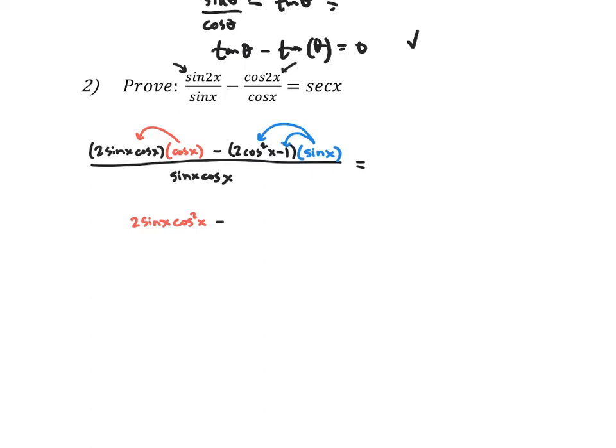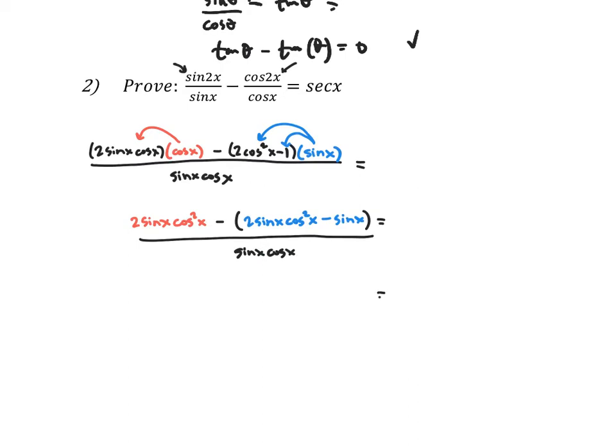Remember we're subtracting this whole expression, so that'd be 2 sine x cosine squared x. I like where that's coming from. And then minus sine x. And that's all over, again, sine x cosine x.